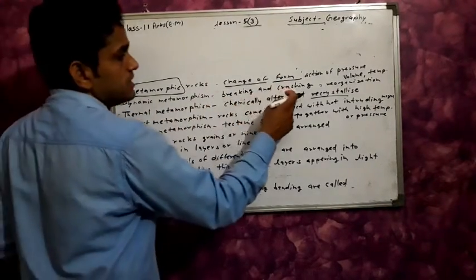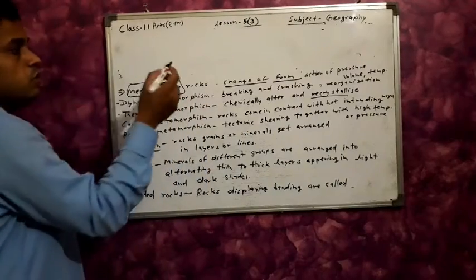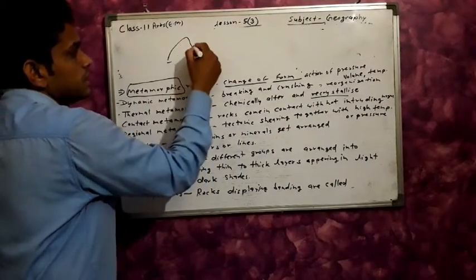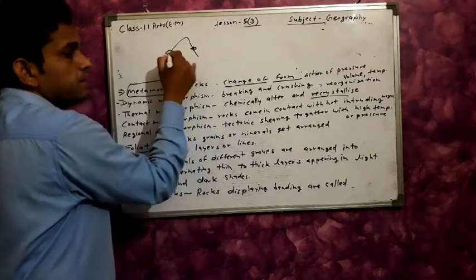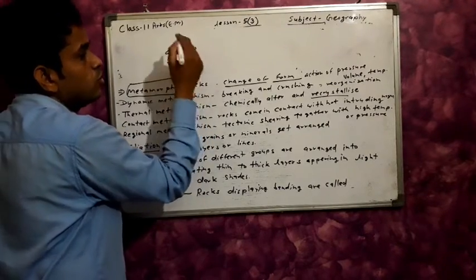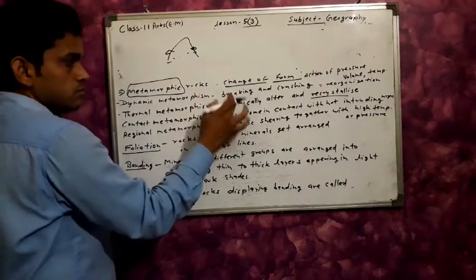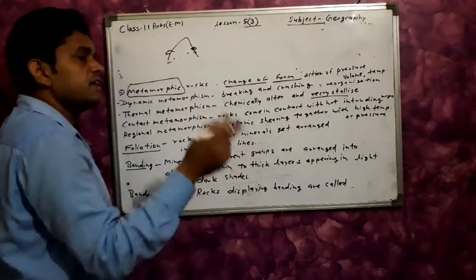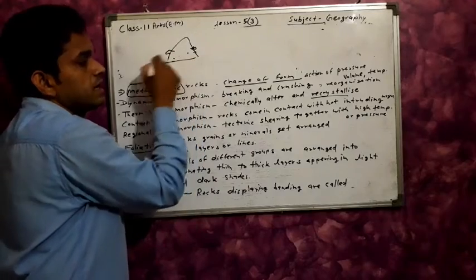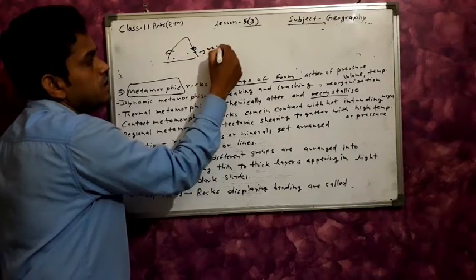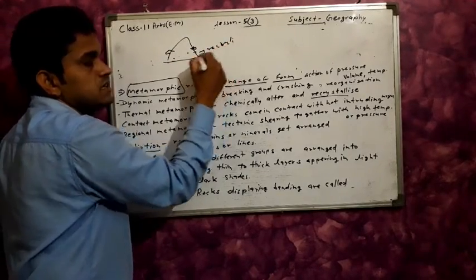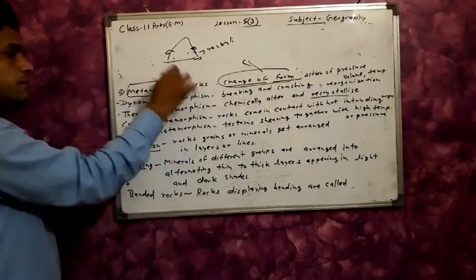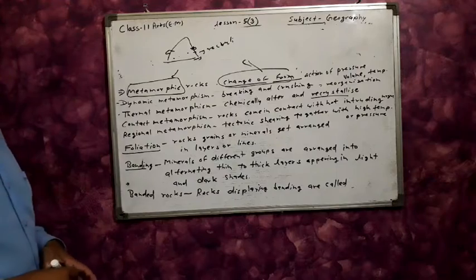Breaking and crushing happen in these rocks, and by breaking and crushing, along with sunlight and many other factors, recrystallization starts. Then recrystallization changes the form of the rocks, and these rocks convert into metamorphic rocks.